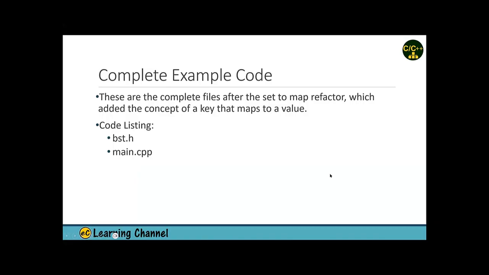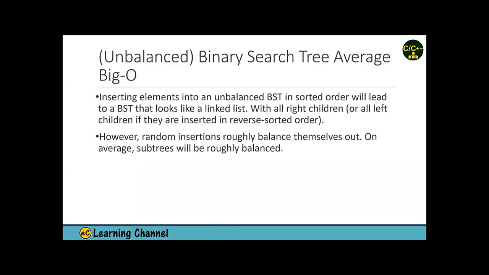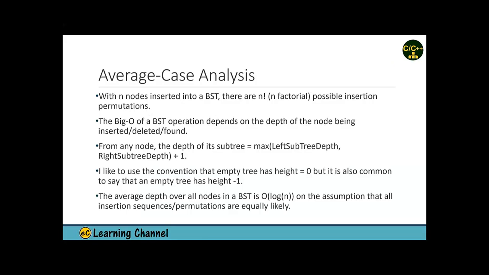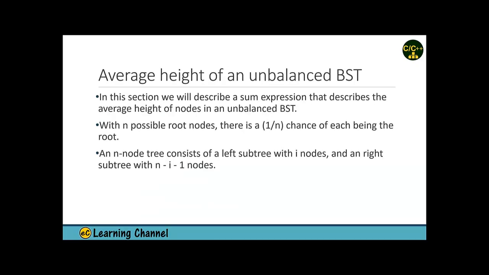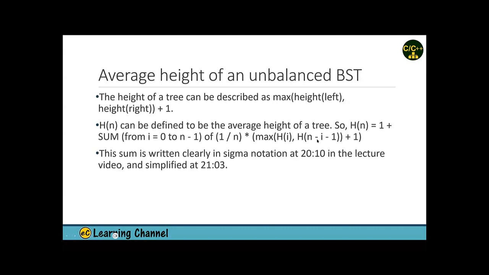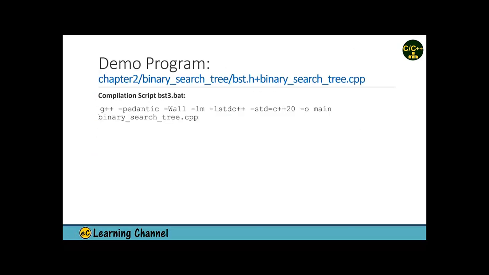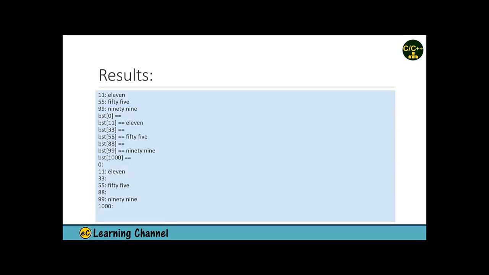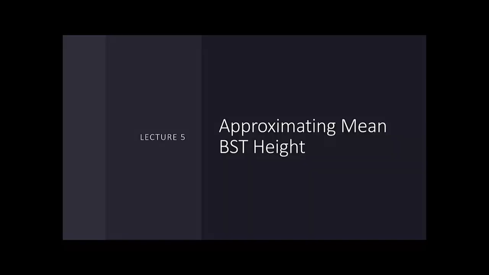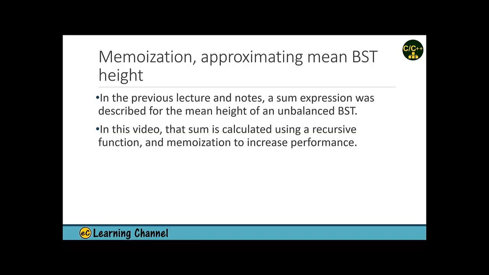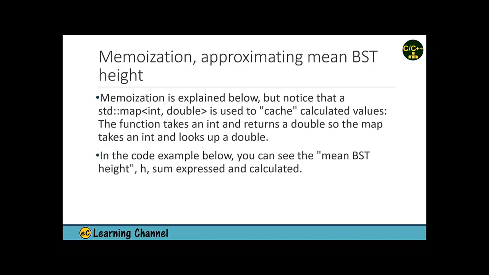Go to the case study. For n nodes, there will be n factorial possible insertion permutations. That's true, and it may be balanced or unbalanced. So you can calculate the average height of an unbalanced binary search tree. There is a technique to calculate the mean binary search tree's height.